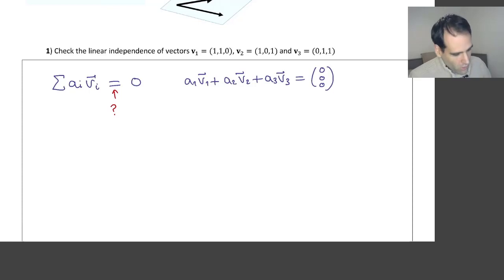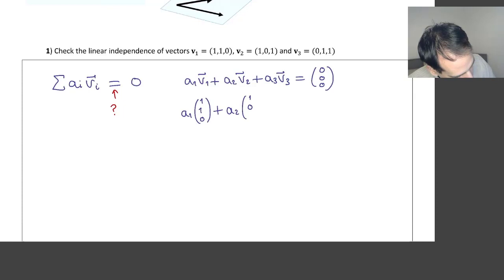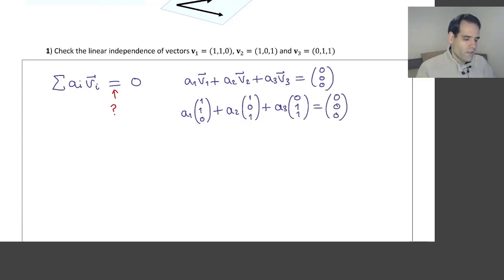Or we could actually substitute the actual vectors. So a1 times the first vector, which is 1, 1, 0, plus a2 times the second vector, which is 1, 0, 1, plus a3 times the third vector, which is 0, 1, 1, equals 0, 0, 0. So now the left-hand side is a vector, right?